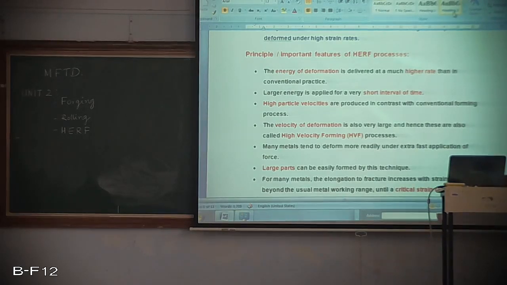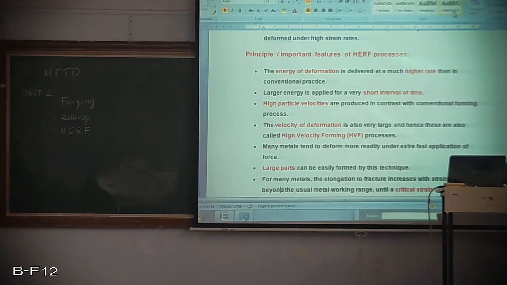So in a very, very short interval of time, high particle velocities are attained, and as a result it is also called the HVF process or high velocity forming process.